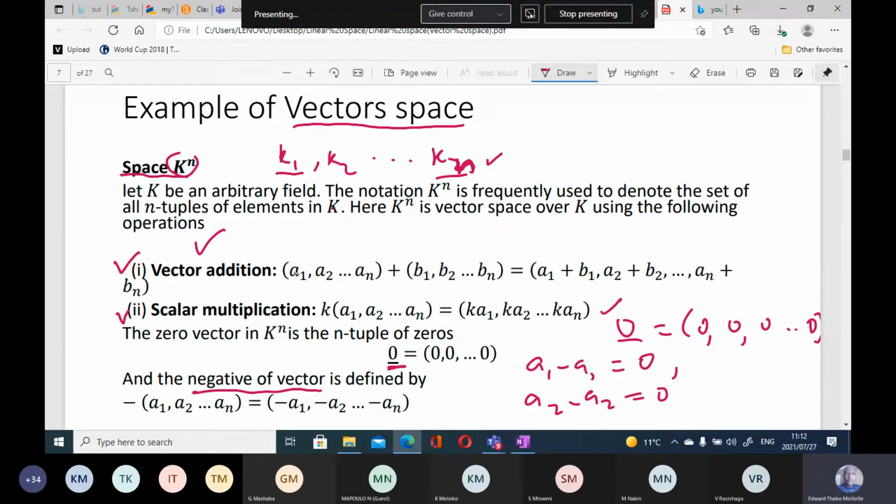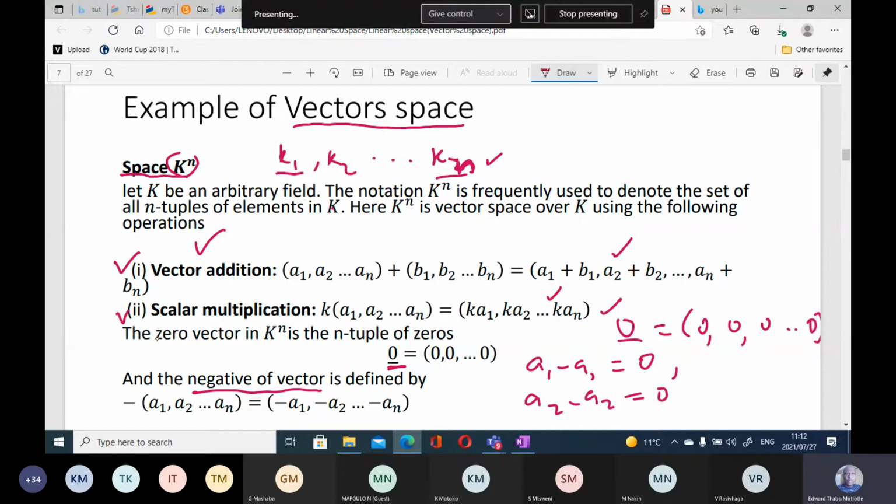So in this case, they're showing that we have a1 up to an, b1 up to bn. If you add these two, this means you have done a vector addition. Scalar multiplication, you can just take one vector and multiply it by k. So we have k a1, k a2, up to k an. This is shown here. So this is the first two operations.